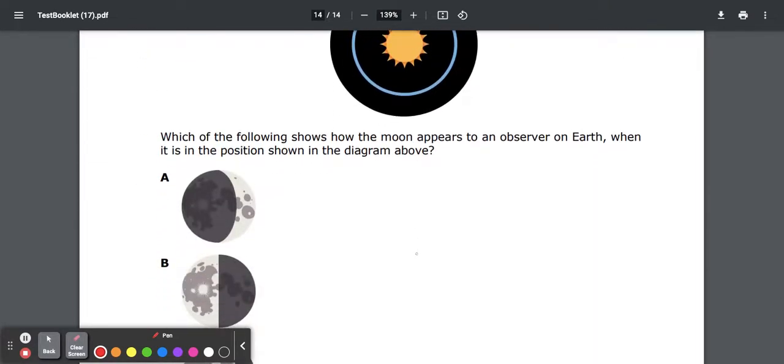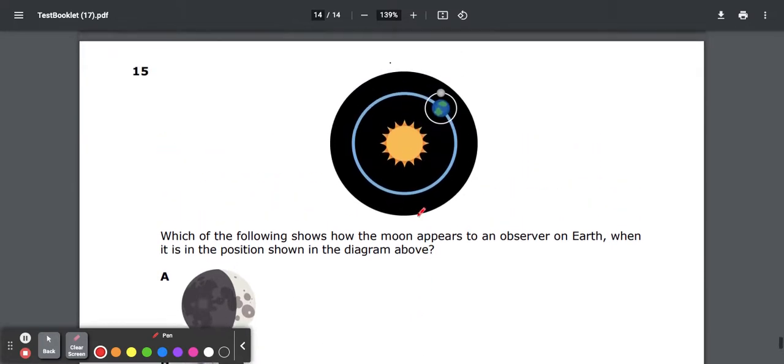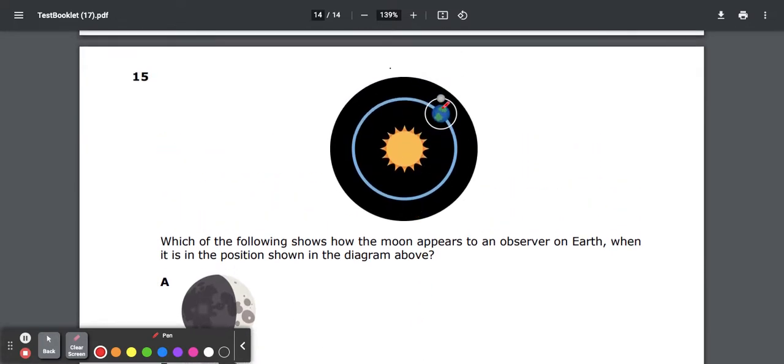Which of the following shows how the moon appears to an observer on Earth when it is in the position shown in the diagram above? All right. So what I would do is just pretend like I am doing what we did during the ADI lab. If it's in this position, then it would be a new moon. So this would be a full moon. So I'm going to go counterclockwise.